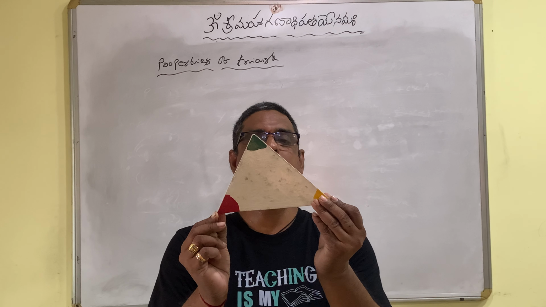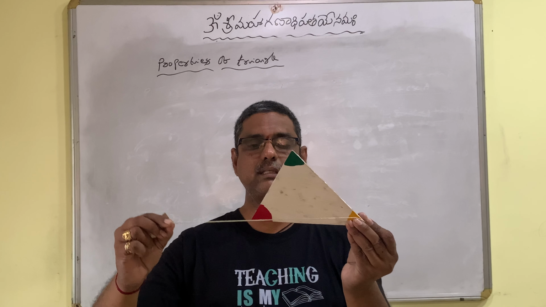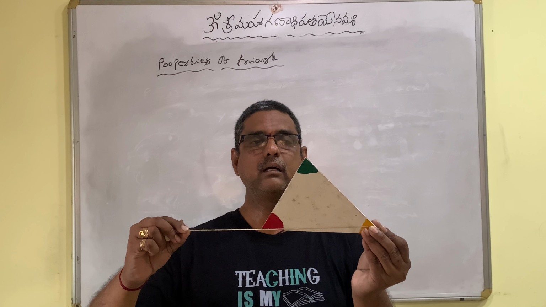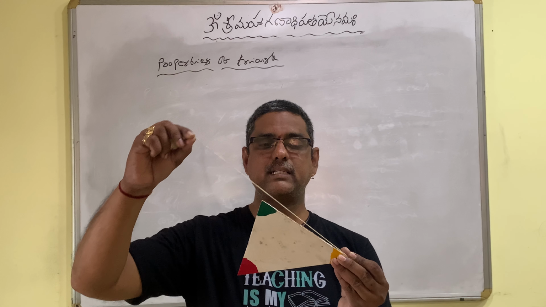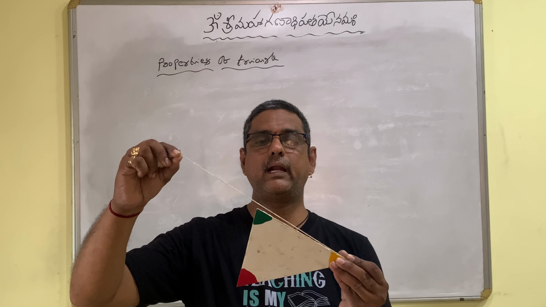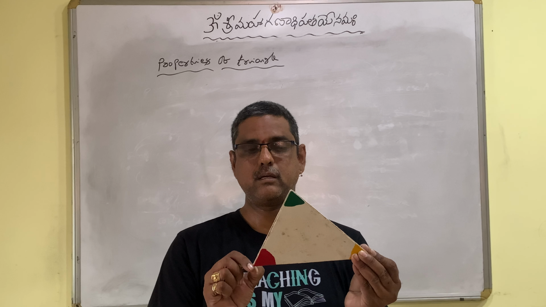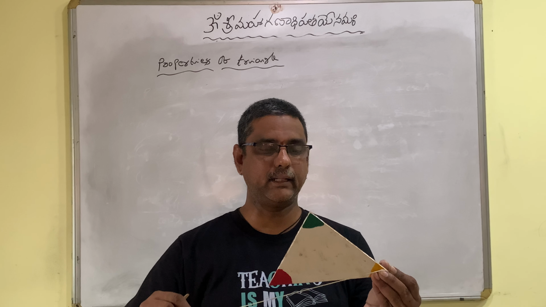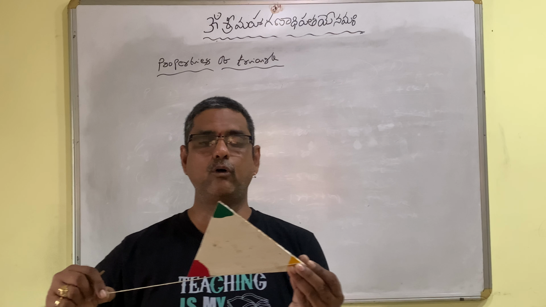Now I measured the two sides, and you can clearly observe that the sum of two sides is surely greater than the third side. This is the fourth property.